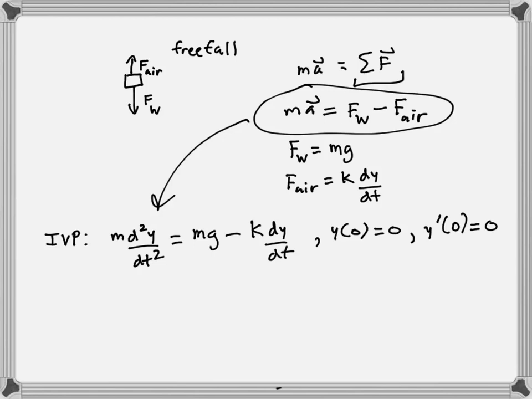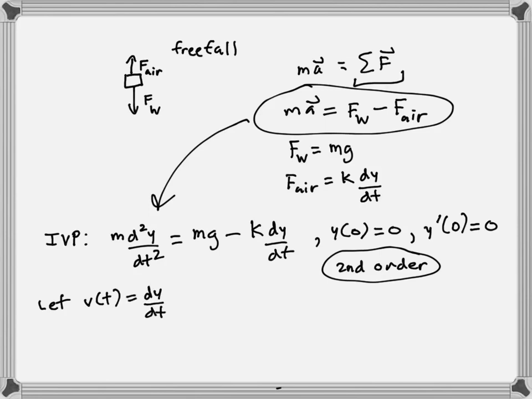So what is this? This is a second order IVP, because we have a second derivative. We don't know how to solve this, but we're going to introduce a trick. We're going to let v of t equal dy/dt. That's the velocity. I want you to see what happens when we do that.